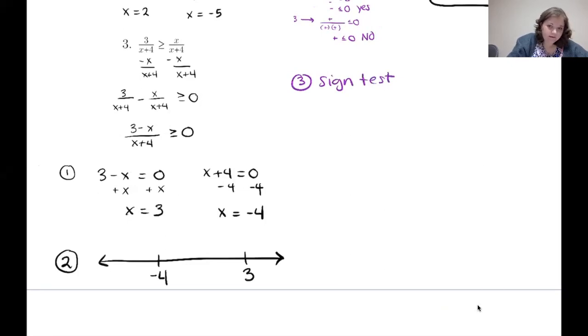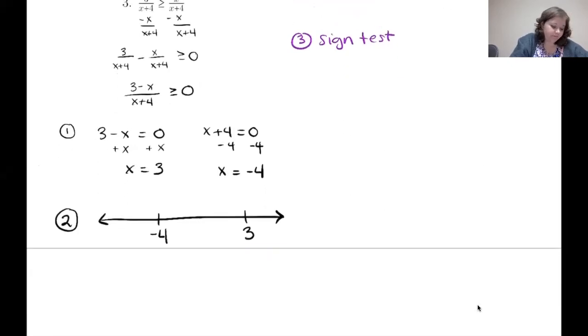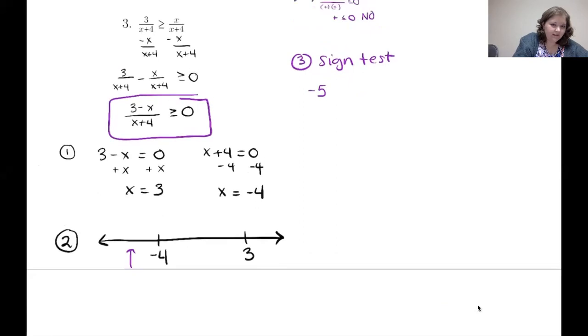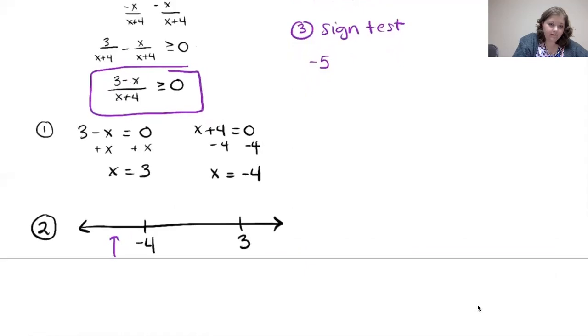Okay. So for step 3, we will plug in numbers from each of the 3 intervals that we just created. So let's start with a number that is in that first interval, something less than -4. So we'll try -5. And I'm going to plug it into this version. So you can plug it into the original, but that would be a lot more complicated. So we plug in -5, we're getting, on the top, 3 minus a -5.